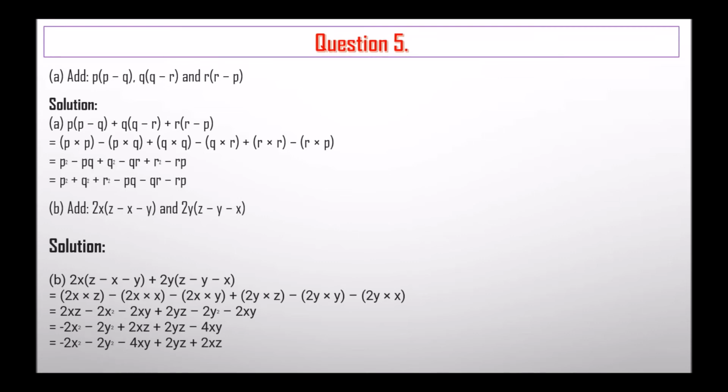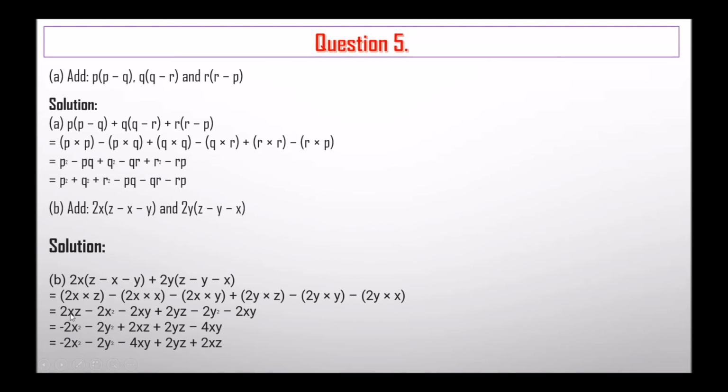Second, 2x(z − x − y) and 2y(z − y − x). So 2x × z − 2x × x − 2x × y + 2y × z − 2y × y − 2y × x.